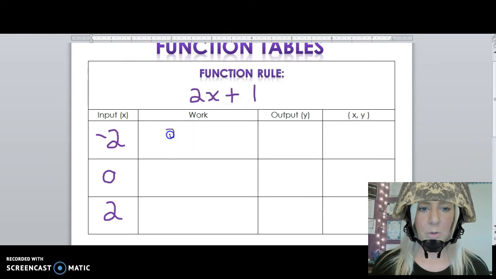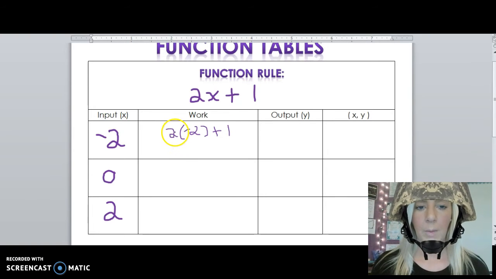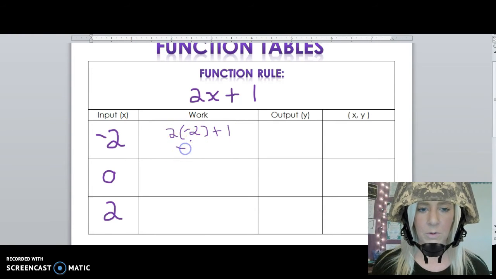So we're going to do 2 times -2 plus 1. I'm going to multiply before I add. So 2 times -2 is -4, plus 1.